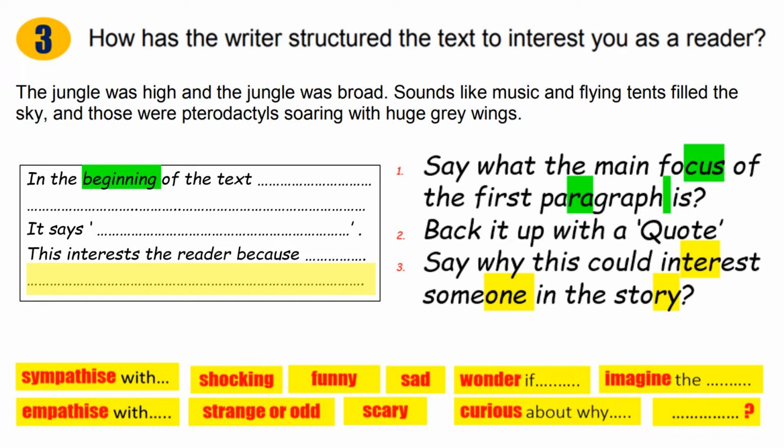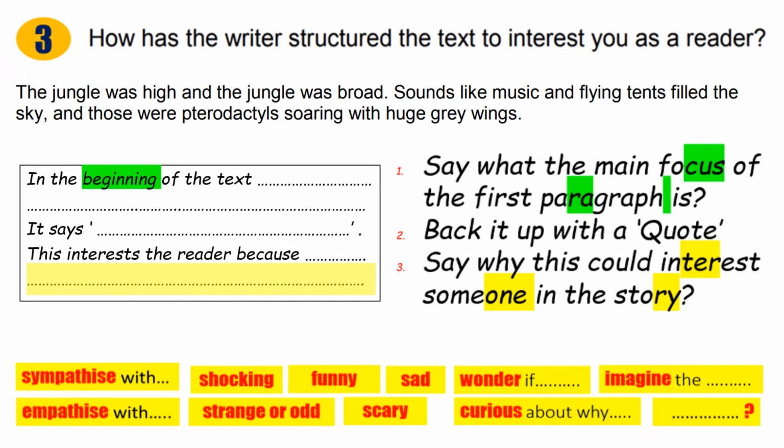But this one, I would say this interests the reader because it's a very strange and odd setting. We're in the middle of a prehistoric jungle, and I'm curious as to what is going to happen in this very strange setting.